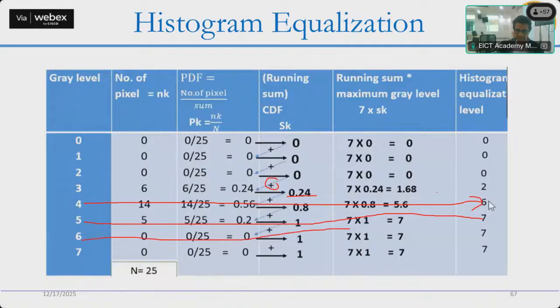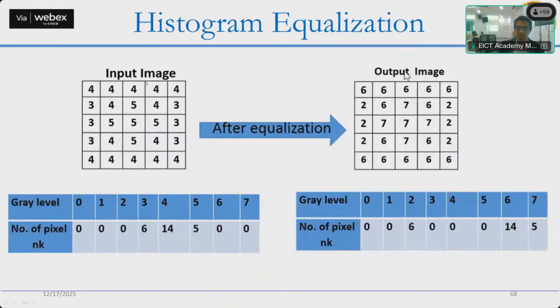Wherever 6 is there, it is replaced by the 7. Wherever 7 is there, 7 is replaced by the 7. So same in input image, we will replace 4 by the 6, 5 by the 7, 6 by 7. So that way we have done it.